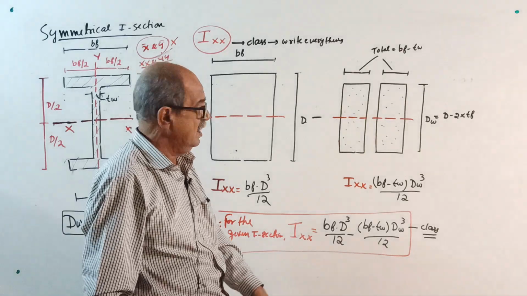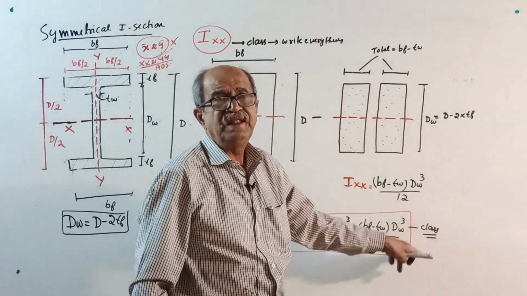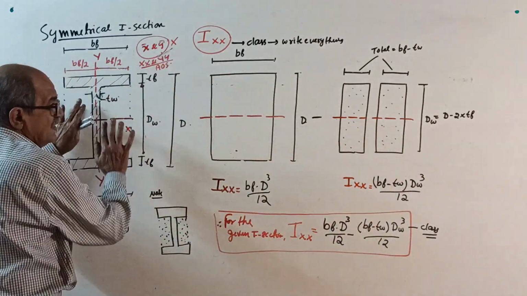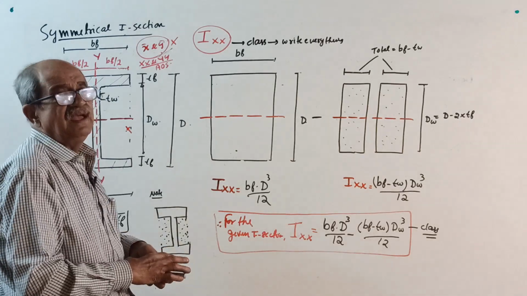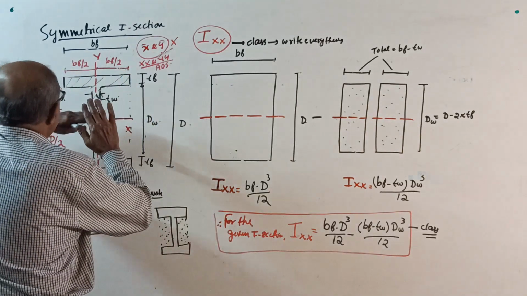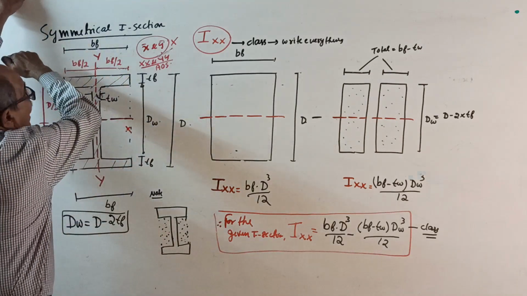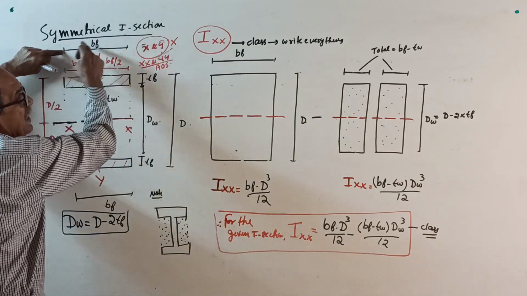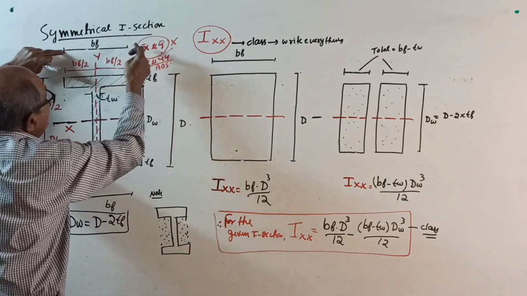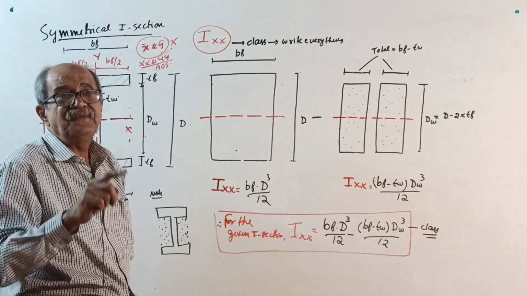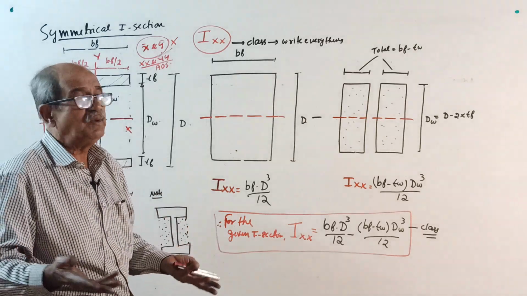Or in the class I will tell it in words. See here, don't see there, see here only. With respect to the original sketch, I about the x-axis is outer BD cube by 12, where outer B means BF, outer B D cube by 12, minus empty BD cube by 12.